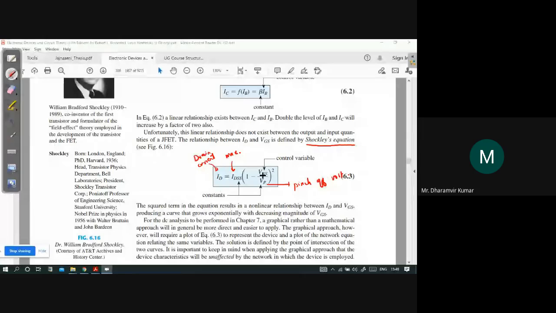Remember this equation, as it will be very useful in analyzing the JFET device and solving problems based on JFETs.